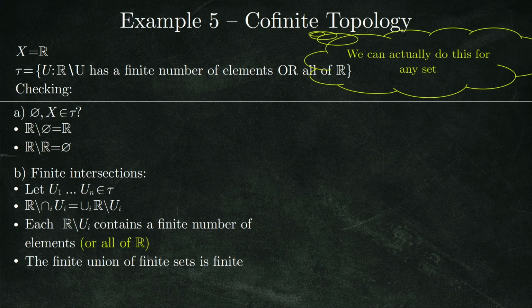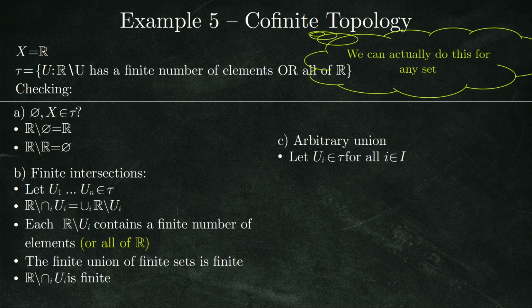Okay, have a go at the arbitrary unions. It's quite similar. So have a little think and then I'll go through the solution. Okay, now you've had a think. Let's look at the arbitrary unions. Firstly, let U_i be a collection of open sets, indexed with a little i. Then we want to look at the complement of the arbitrary union. Well, this is the intersection of the complements.